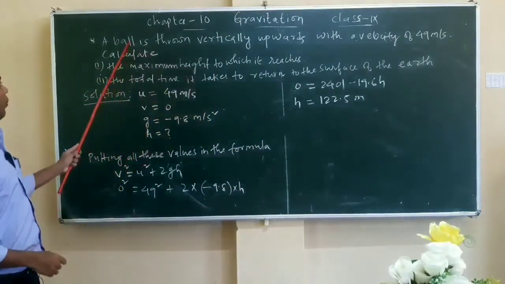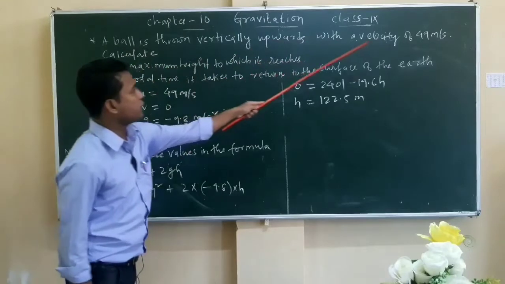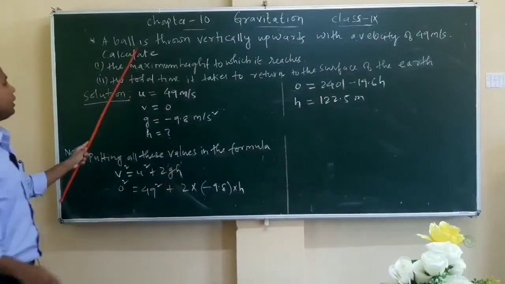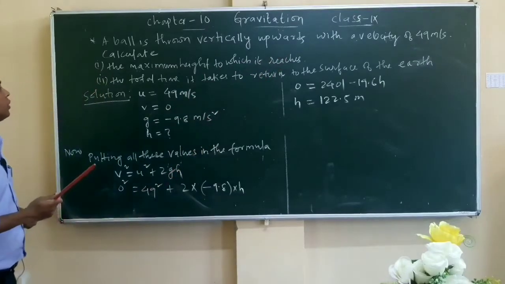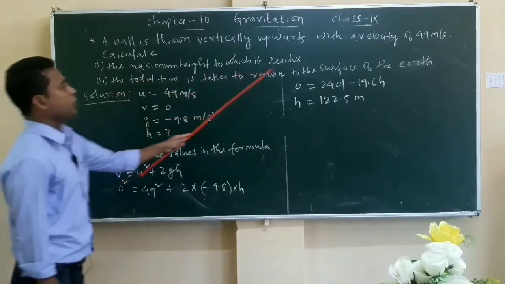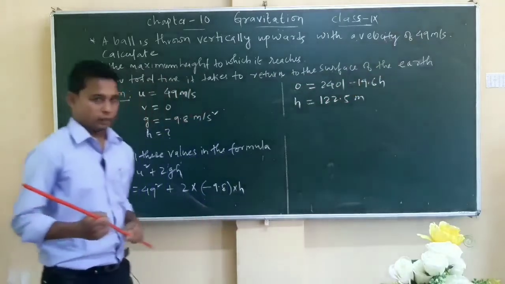The question is, a ball is thrown vertically upwards with a velocity of 49 meter per second. Calculate the maximum height to which it reaches and the total time it takes to return to the surface of the earth.